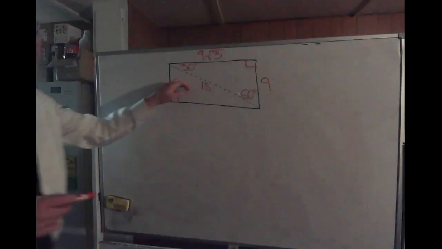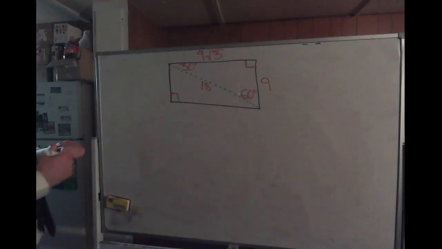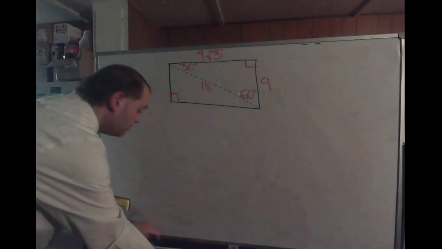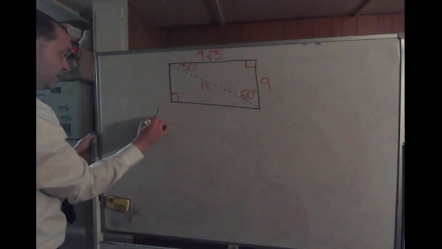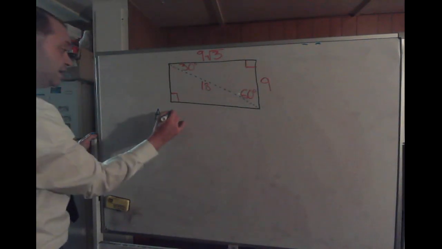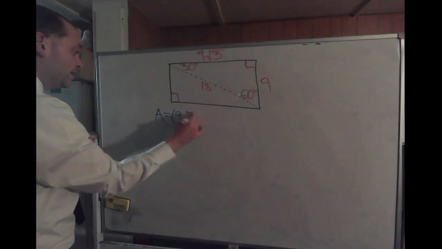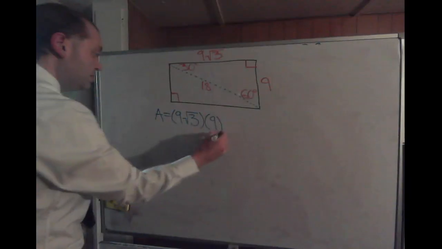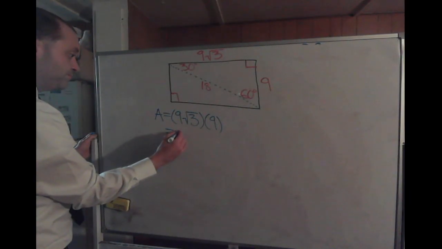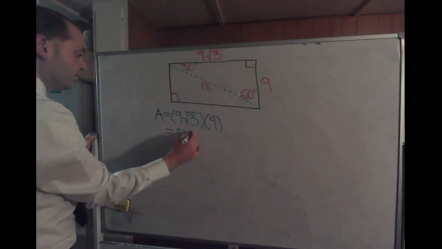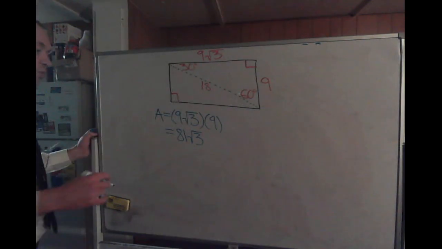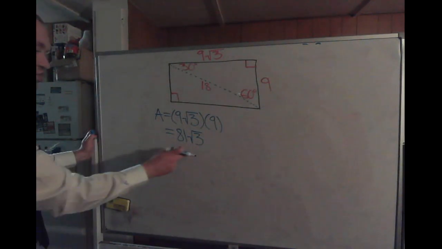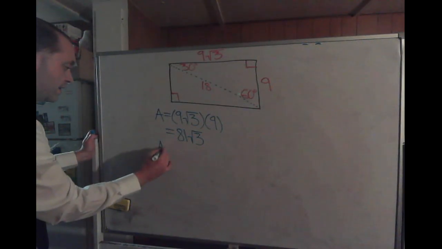Now we can proceed to finding the area of this rectangle. The area of the rectangle is going to be, of course, the length of the base, which would be 9 times the square root of 3, times the length of the height, which would be 9, which would give you 81 times the square root of 3 units squared. But we want to get a decimal approximation to the nearest tenth when doing an area.